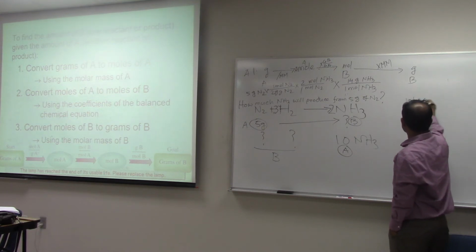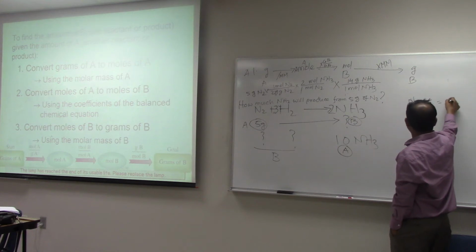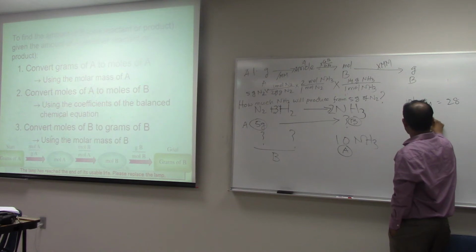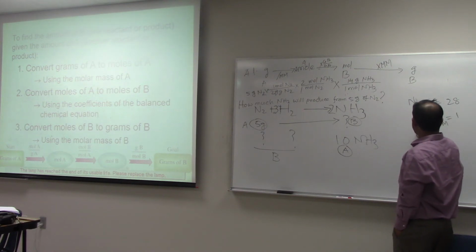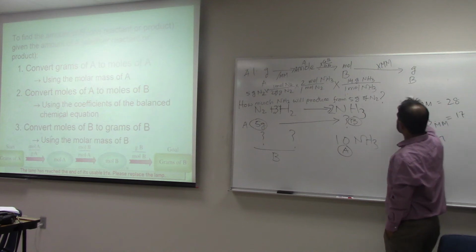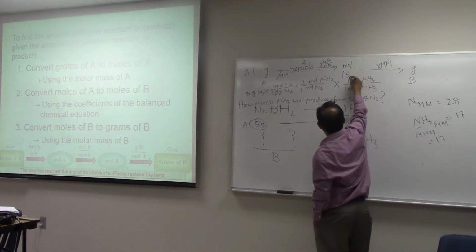Nitrogen is 28, and for ammonia the molar mass equals nitrogen 14 plus 1 times 3, which is 17. So this is actually 17.